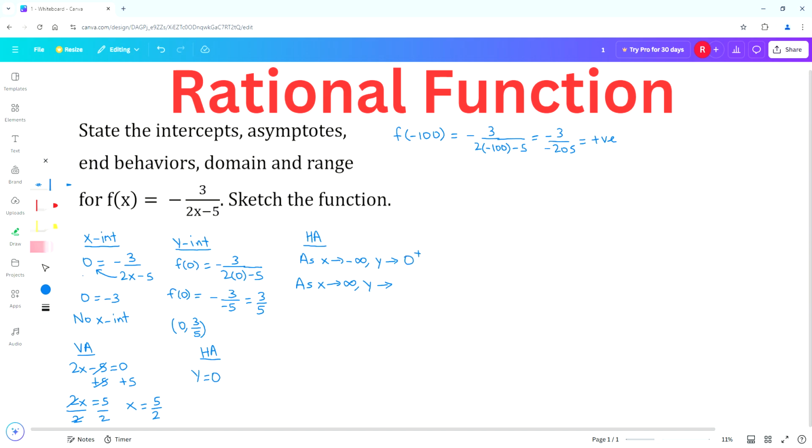Next, we do the check for the right side. We should sub in x as a big positive number, 100.